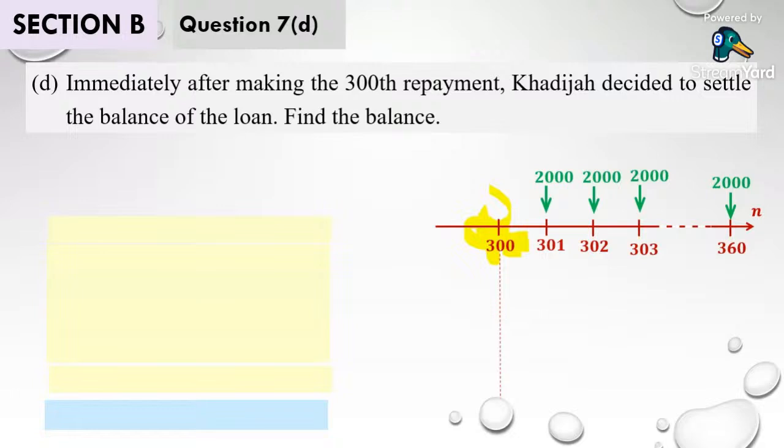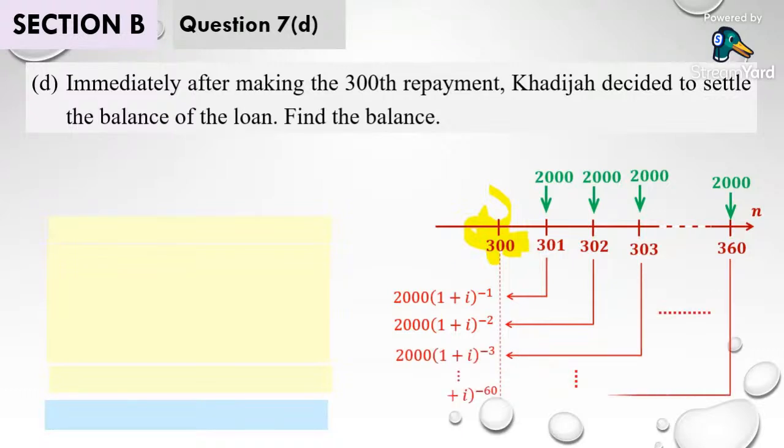And how we calculate the amount of loan that we need to clear off in this case is that, again, we take all these repayments back to the current time, the future payments come back to the current time. So this is the amount that we should have for each payment: 2000 times (1 plus i) to the power of minus 1, all the way to the power of minus 60.